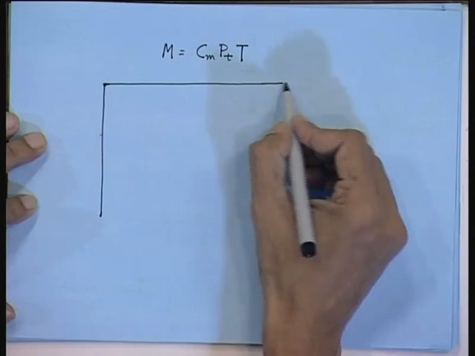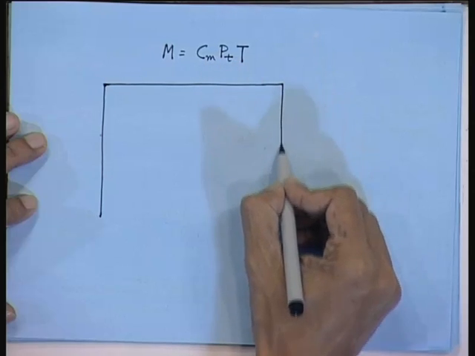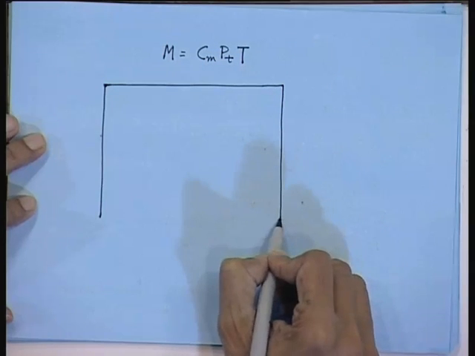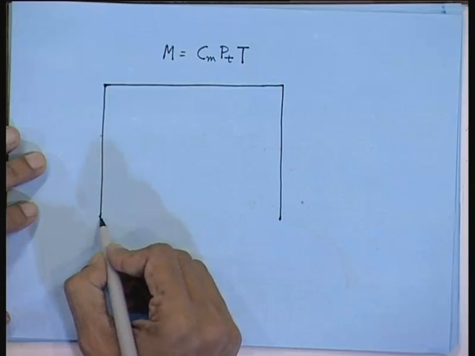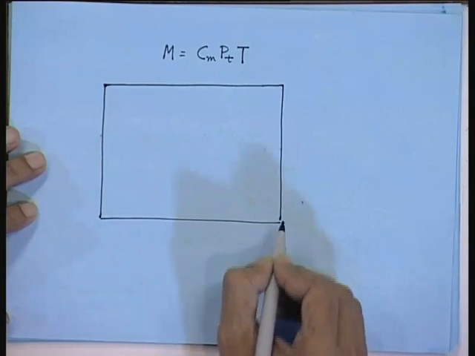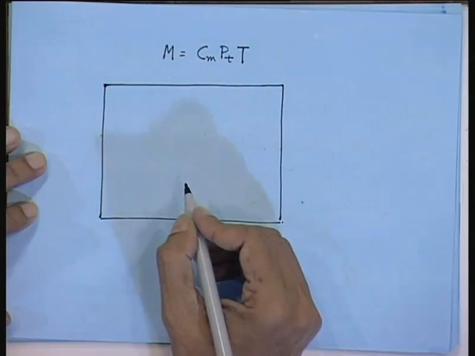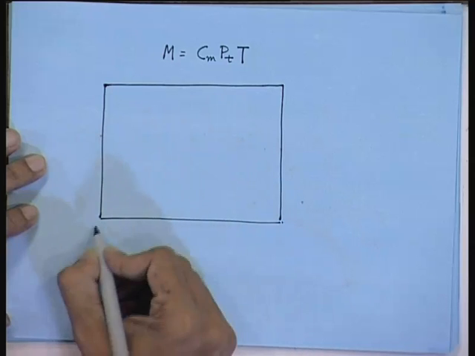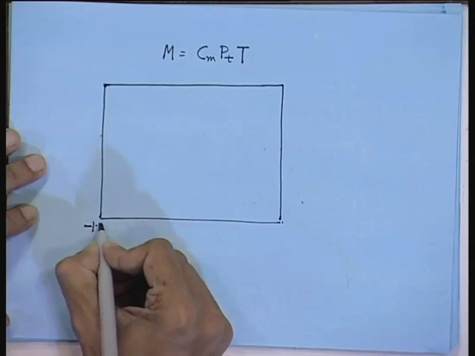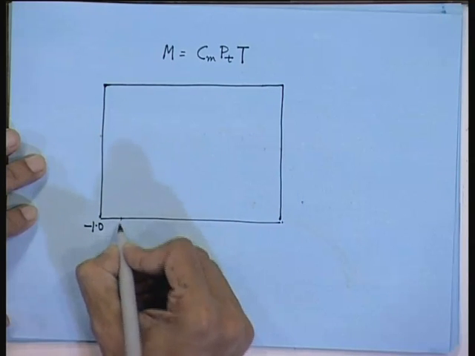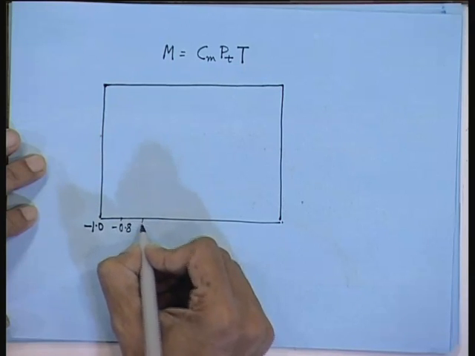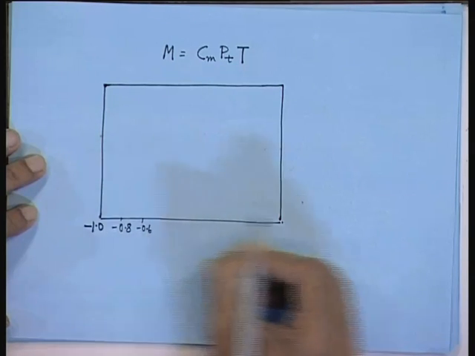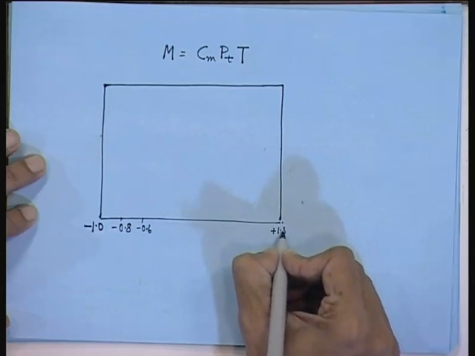So, once you know Cm, you can calculate the bending moment MT. But Cm again depends on MT PT over T. So, here you will get, now this stretches from minus 1.0, this is minus 0.8, minus 0.6, like this it goes up to plus 1.8.